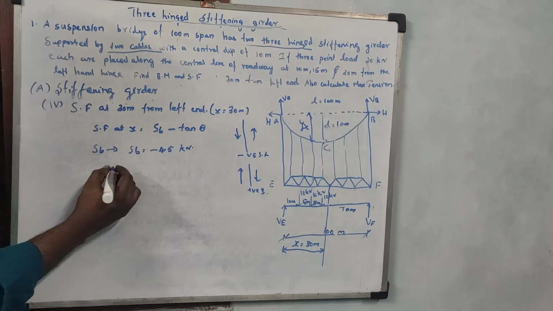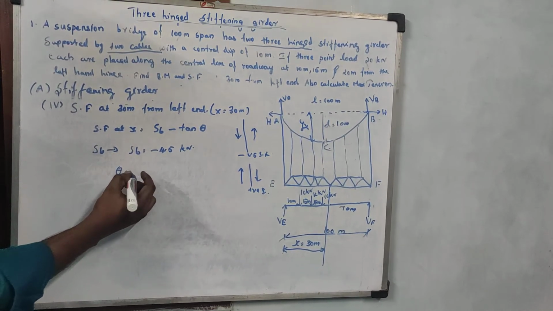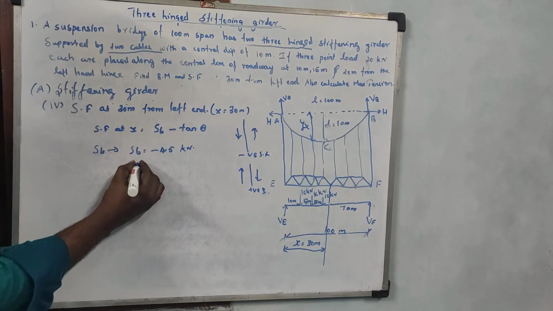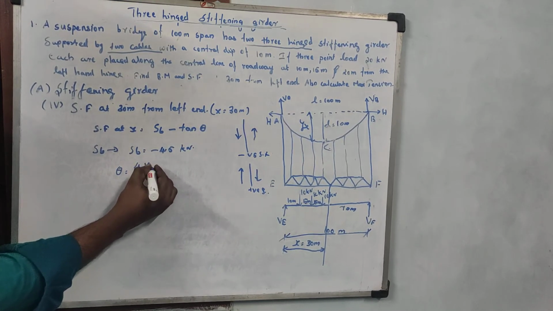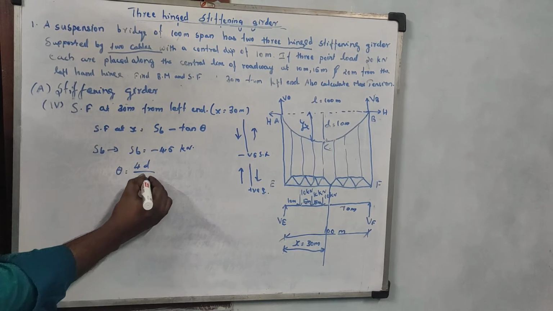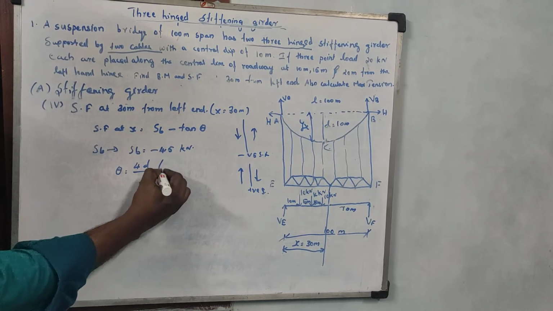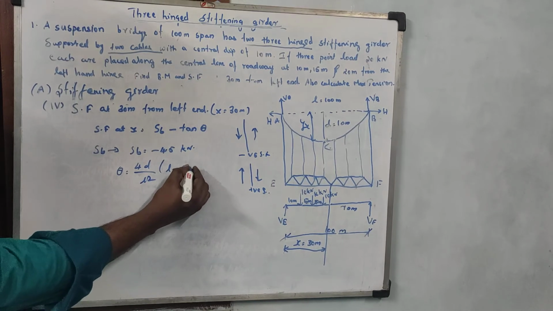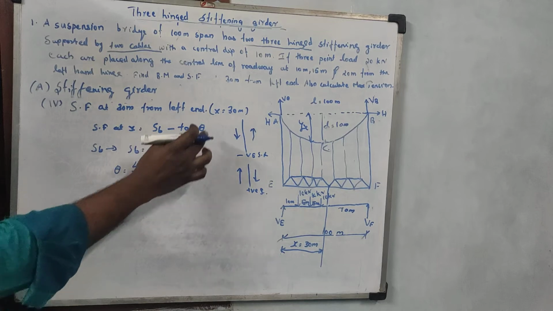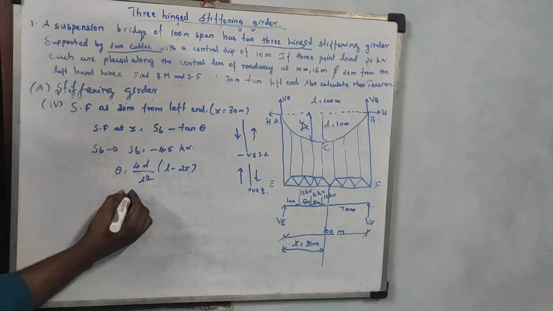So we know that theta equal to differentiation of y with respect to x, that is 4d divided by L square into L minus 2x. We know that d equal to 10 meter, x equal to 30 meter, L equal to 100.